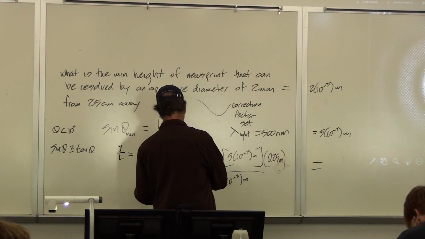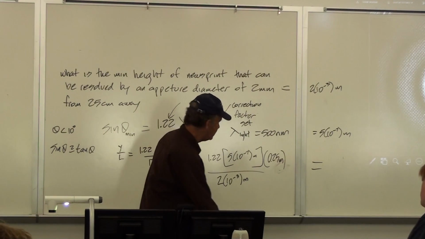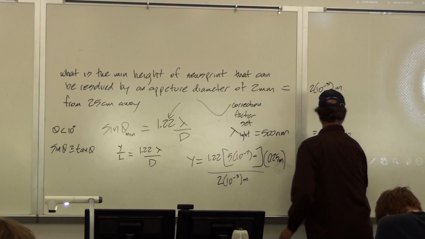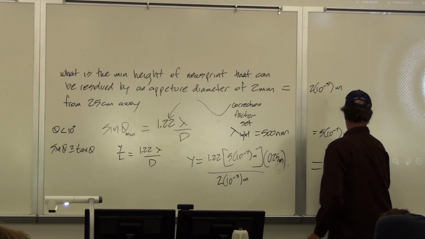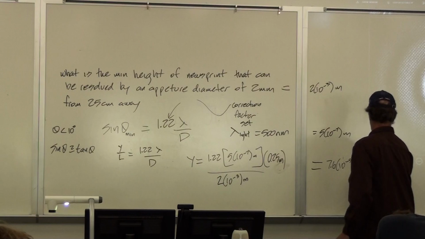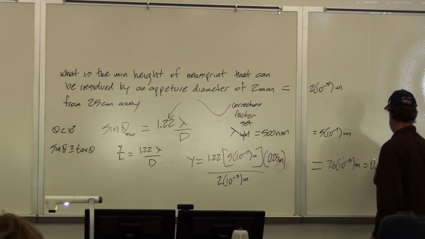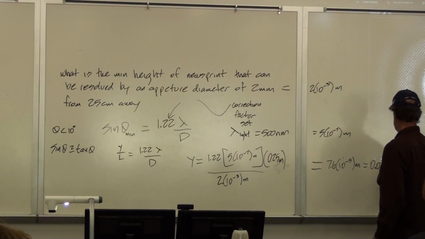So that's giving me 7.6 times 10 to the minus 5 meters, or 0.076 millimeters.